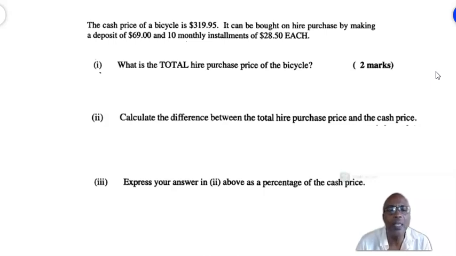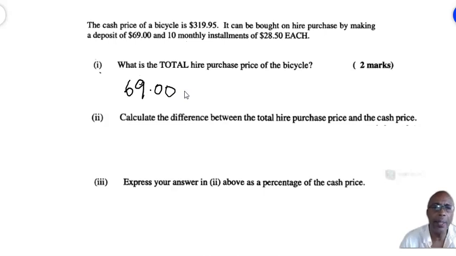So to find that, we will add the deposit, which is $69, so $69 plus the total amount you pay for the 10 months. So it means you have to multiply 10 times the monthly installment, which is $28.50.